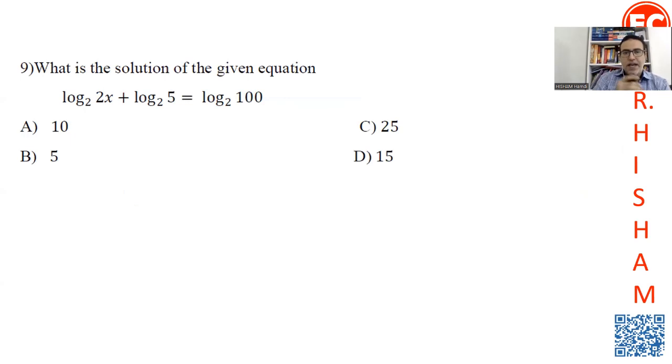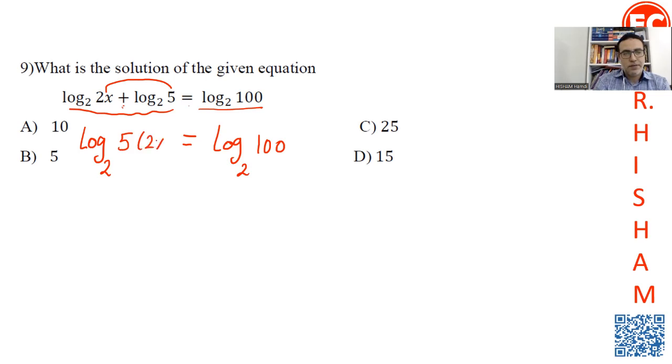Question number 9. Another question for the logarithm. I added the logarithms together. I have an equation, so I'm going to solve the left-hand side, and I'm going to keep the right-hand side. So this is log 2 for 100. This is addition, and if I have addition, I write one single logarithm, and I multiply these. So I'm going to multiply 5 by 2x.